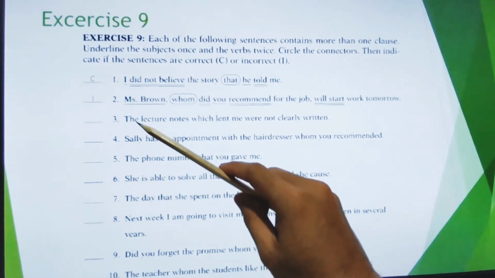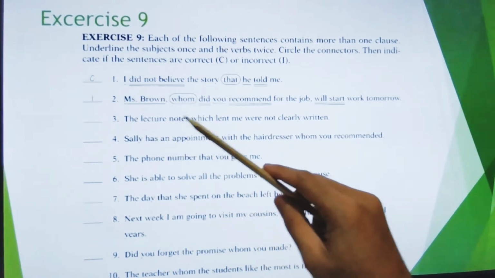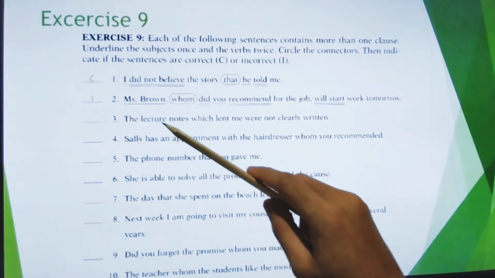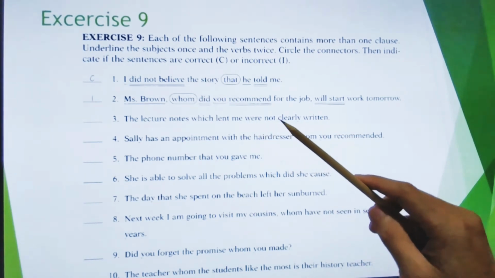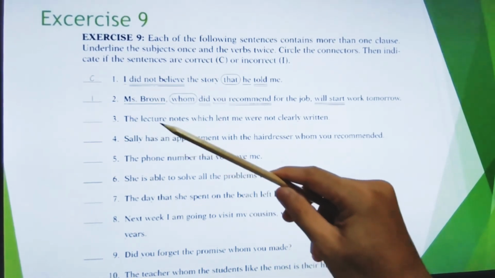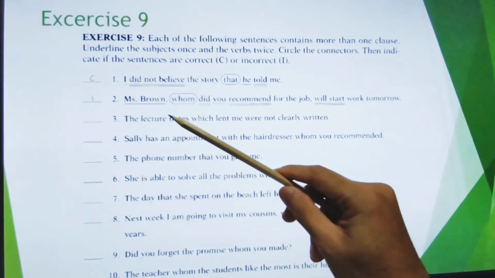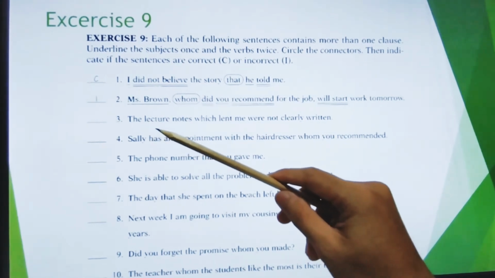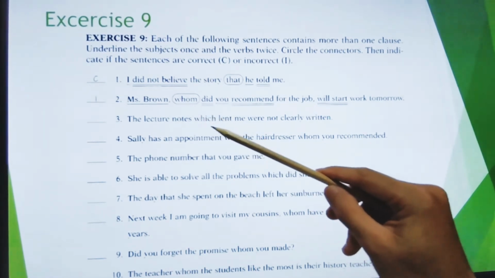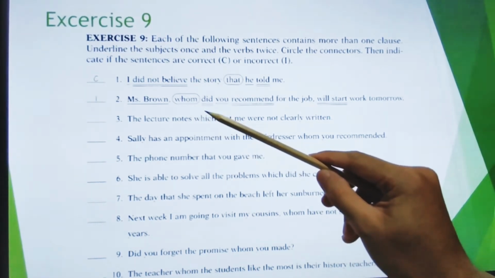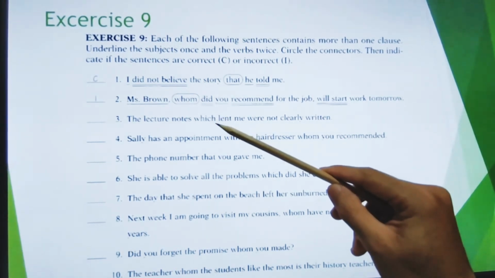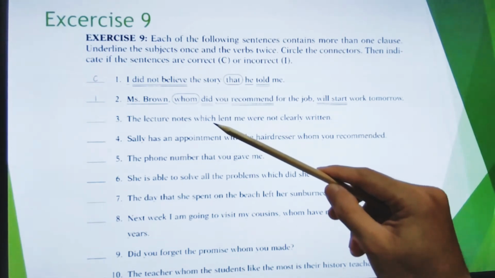What about number 3? The lecturer's notes which lend me were not clearly written. This one is the subject, and the main verb is followed by a connector. Make a circle, and it is supposed to be followed by a dependent subject. But where is it?